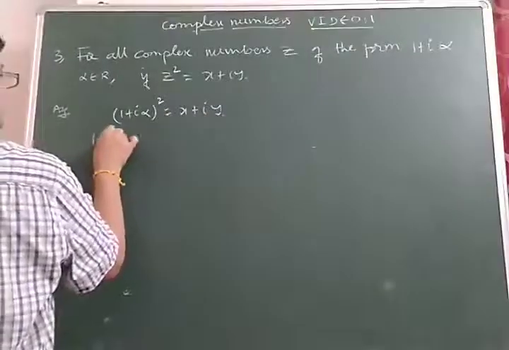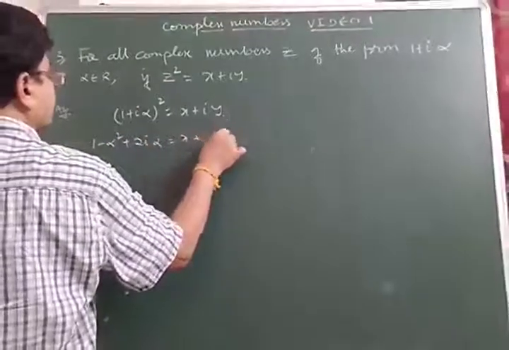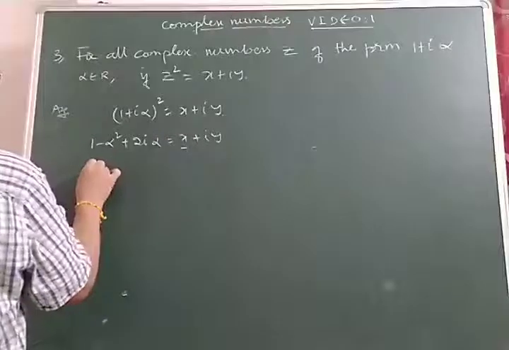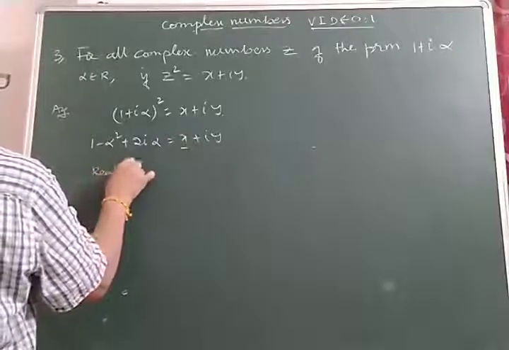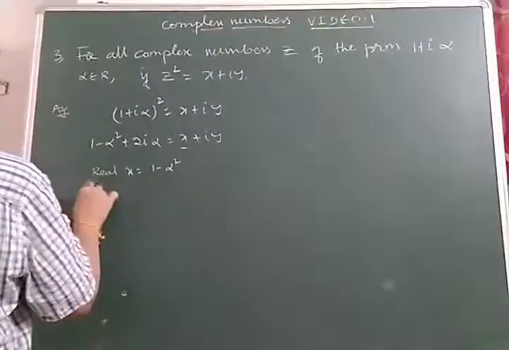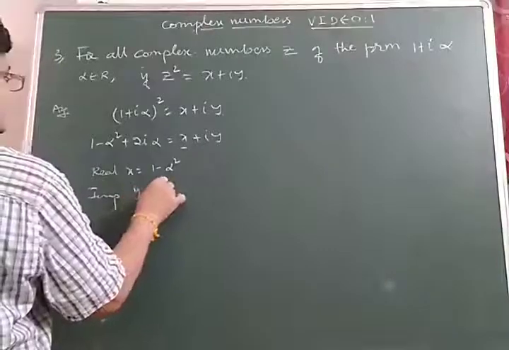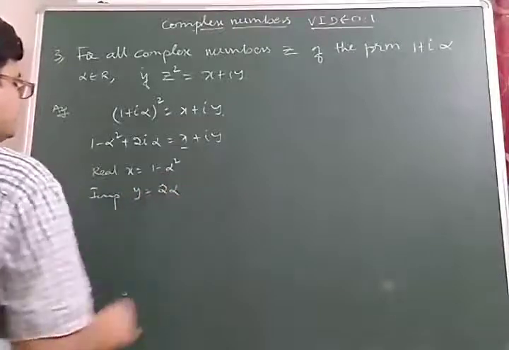Expanding, 1 minus alpha square plus 2i alpha equal to x plus iy, where the real part x is equal to 1 minus alpha square, and the imaginary part y is equal to 2 alpha.